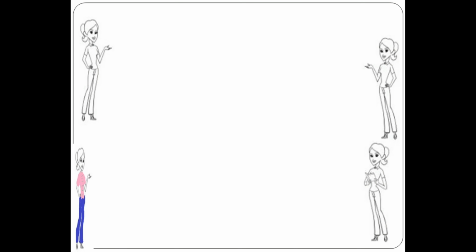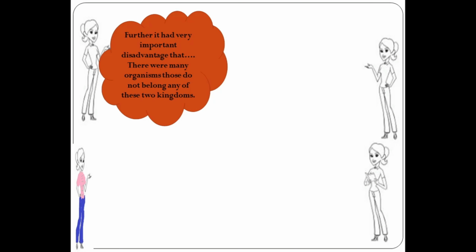Not only this, there were some organisms that did not show these two characters at all. Those organisms had different characters. If you consider under the plants or under the animals, they will not come, but they show different characters than these two, and hence there was a need for further development in the classification system.